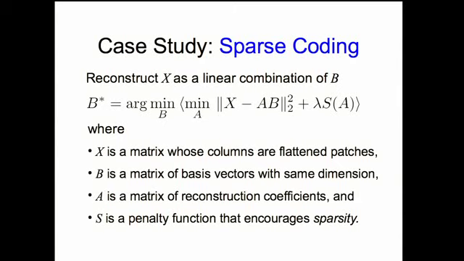So in this case, the reconstruction error is the difference between x, the input, which is typically a set of patches represented in a vector where the columns are the flattened patches, and a coefficient matrix A multiplied times the basis vectors B. So x is now represented as a linear combination of coefficients of the basis b.